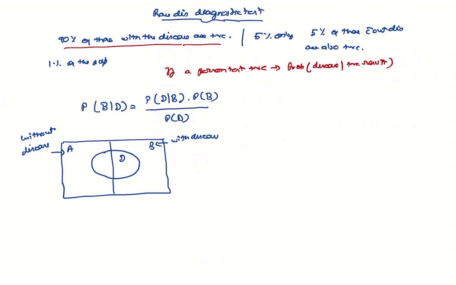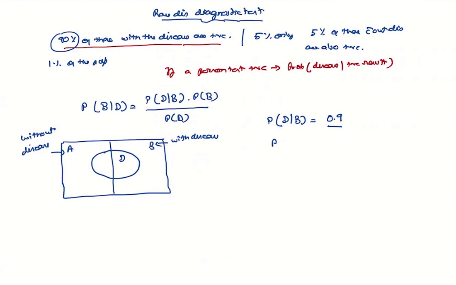So probability of D, positive result, given B is the probability of the test being positive in those with the disease, which we already know to be 0.9 or 90%, which we know from here.